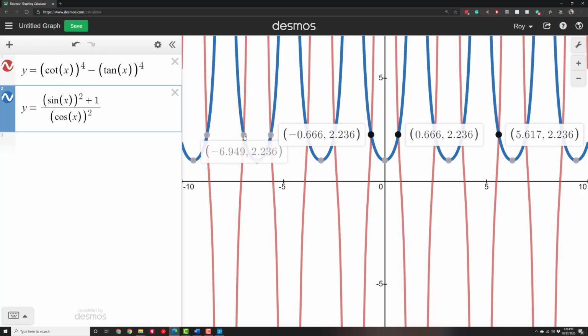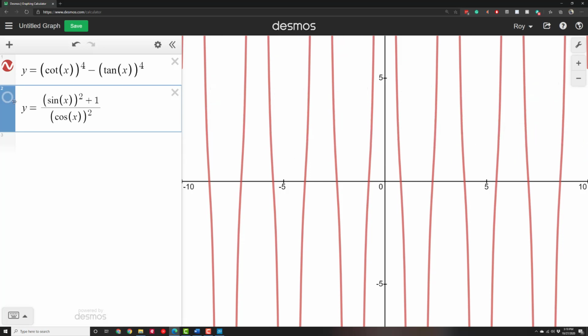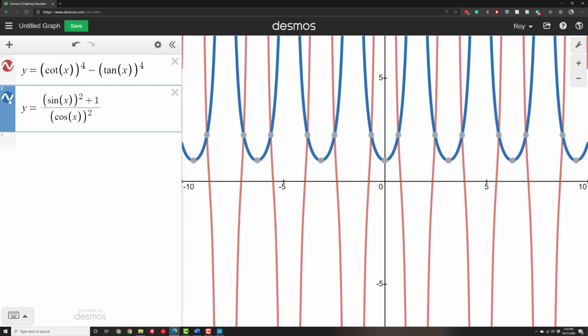So somebody might come in and say, I swear these two are the same. You can say, well, look at their graphs. If their graphs look identical, they might be the same. I'd have to prove it. But if their graphs are totally not identical, if it's obvious like this, where you have the first graph right here and the second graph looks like that, you know that these are not the same functions. They're not equal to each other.